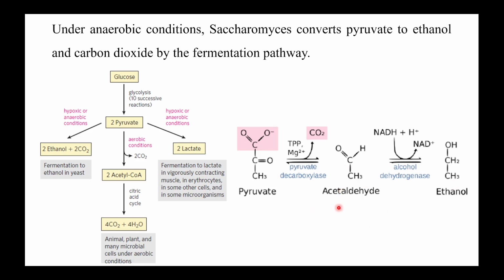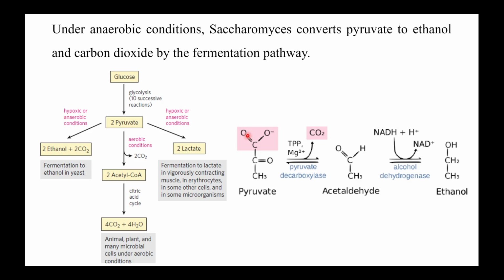So pyruvate decarboxylase requires Mg2 plus, and it does the decarboxylation of pyruvate to form acetaldehyde, and then from acetaldehyde, the alcohol dehydrogenase converts it into ethanol. Okay, so this is one fate of pyruvate, and this process is called fermentation. This is fermentation to alcohol in yeast.